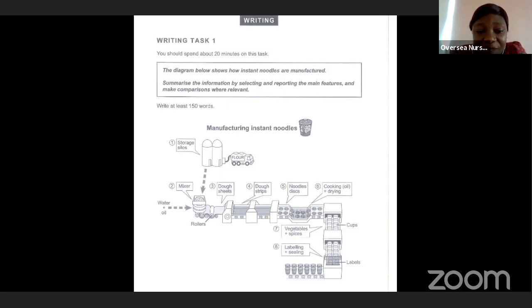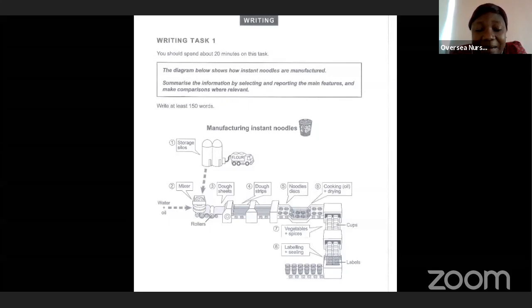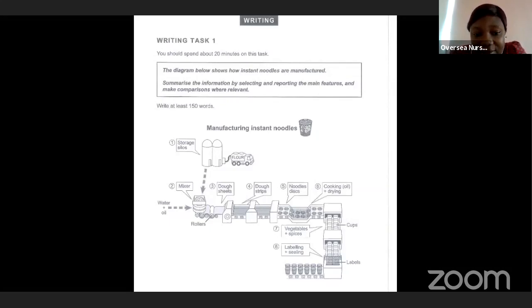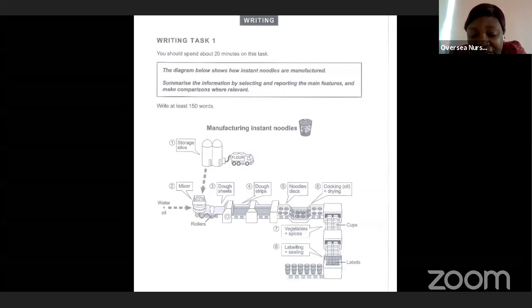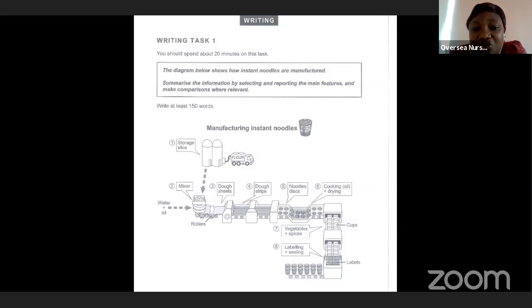This flour is subsequently mixed with water and oil and made to pass through a roller or through rollers. And the end product is the dough sheets. These dough sheets are rolled into strips.